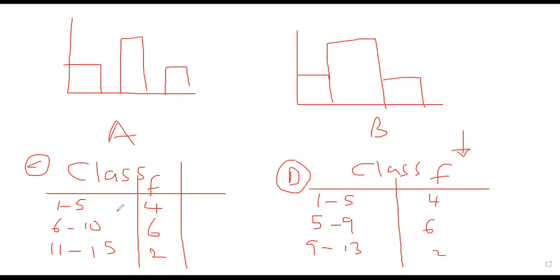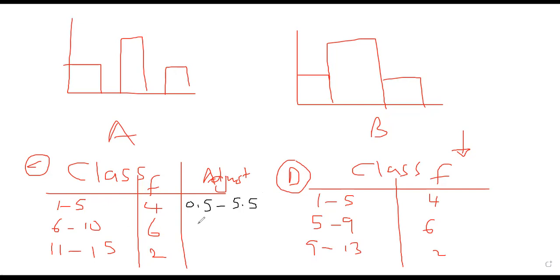But when you're given in this format, it's not easy. You need to adjust it. And the principle for adjusting this is by simply subtracting 0.5 and adding a 0.5. 0.5 is a standard figure. So in this case, instead of having 1, we subtract a 0.5, it will be 0.5. The upper bound, we add a 0.5, so this will be a 5.5.